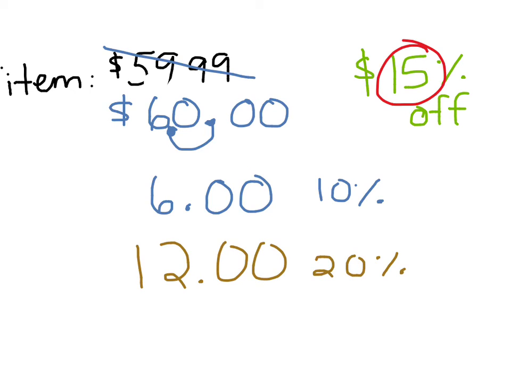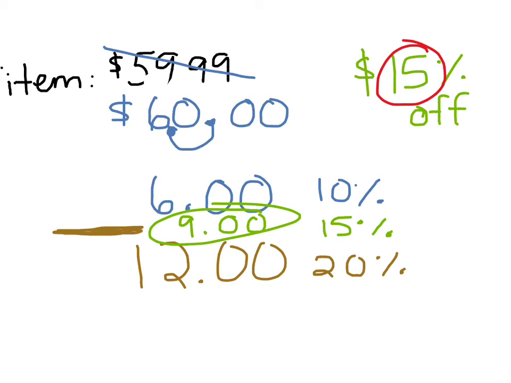So I could think, what is a number that's directly between 6 and 12? Just like 15 is directly between 10 and 20. That number would be 9. So that discount would be 9.